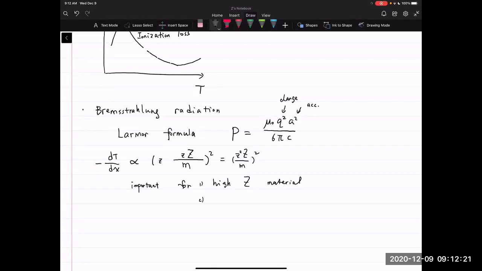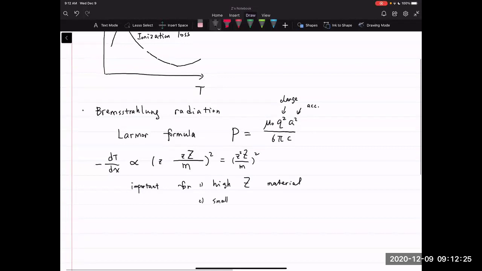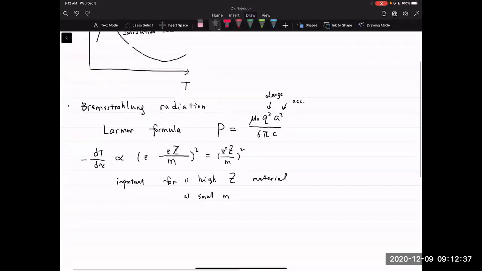And number two, it's going to be important for small mass. If the mass of the incident charged particle is small, then we can have more Bremsstrahlung radiation. So what charged particles are small? Electrons and positrons, beta plus.